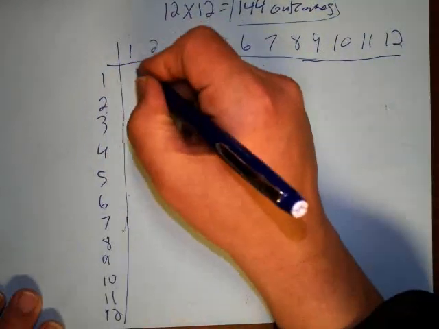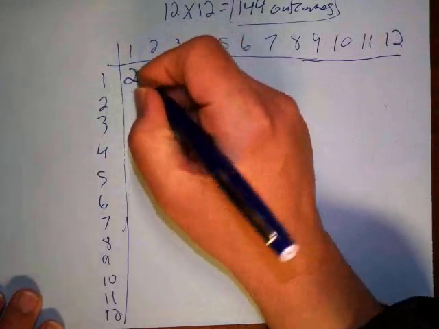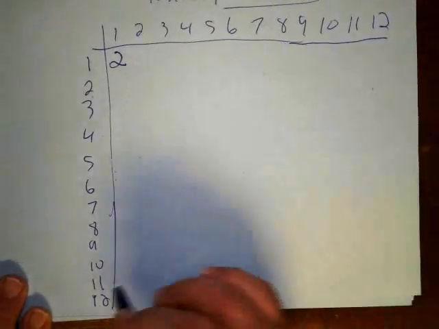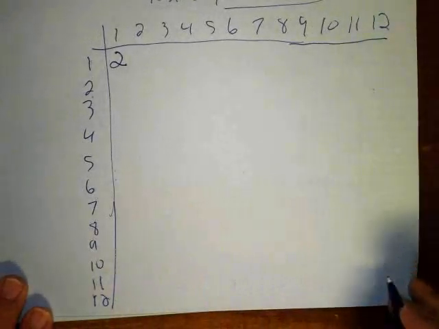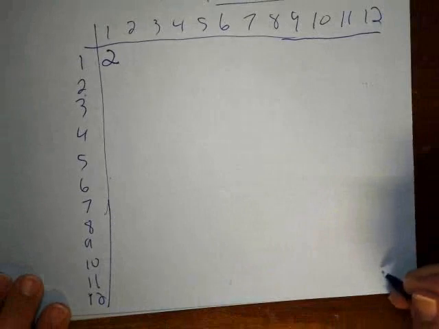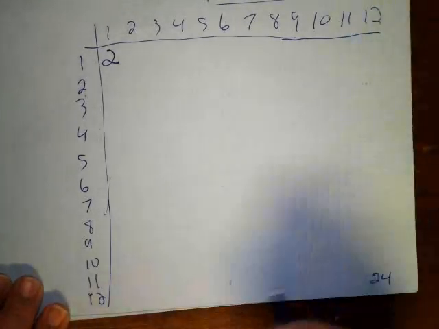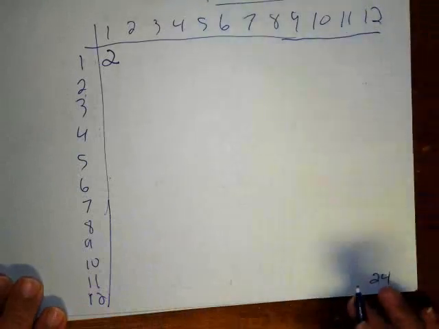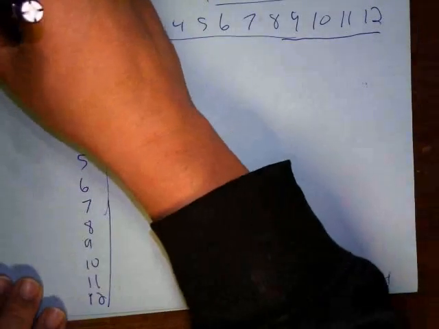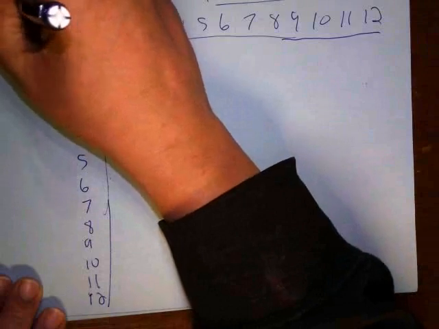And the smallest outcome would be where you roll a 1 and a 1 on both dice, kind of snake eyes here, 2. The biggest outcome would be when you roll a 12 and a 12. So this down here, this corner would be 24. There would only be one way of getting 24. So even without listing out the whole table, I could find the probability of getting a 24.